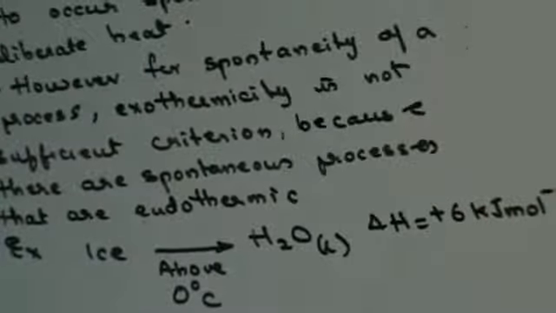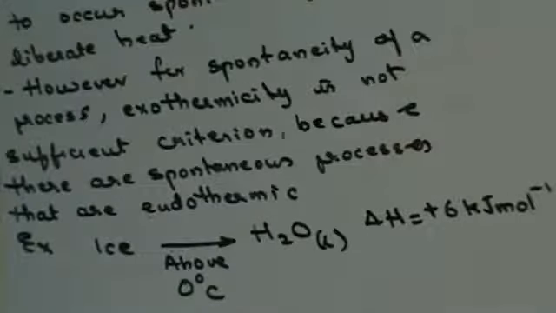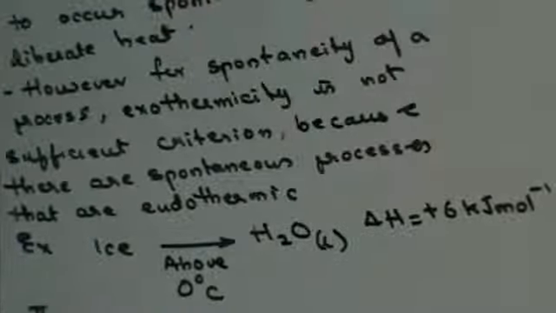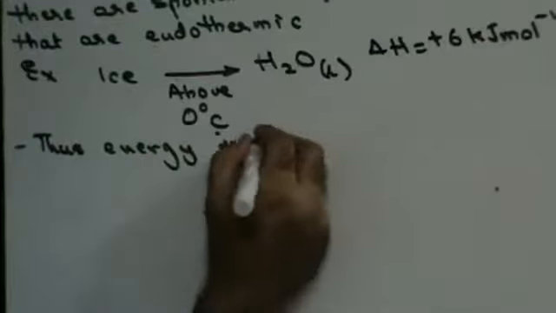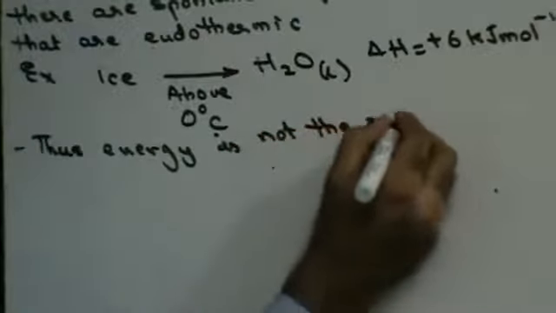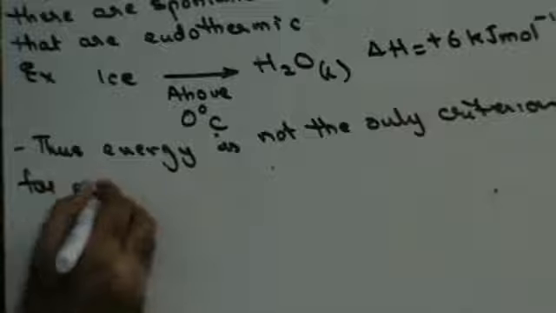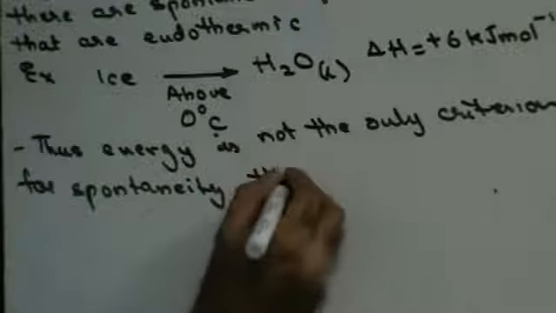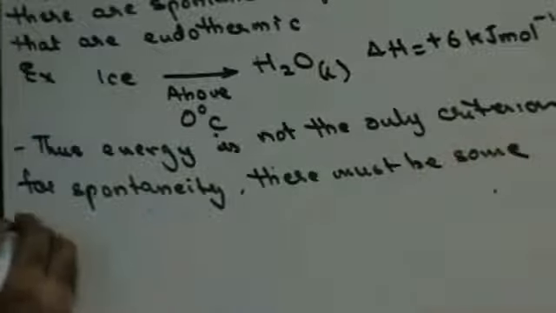So thus we said that it is just not exothermicity which is the essence of spontaneity. Energy is not the only criteria for spontaneity of a reaction. There must be some other factor also.